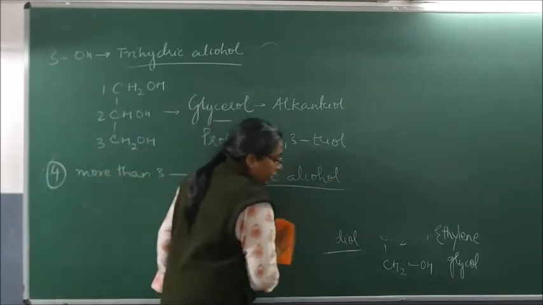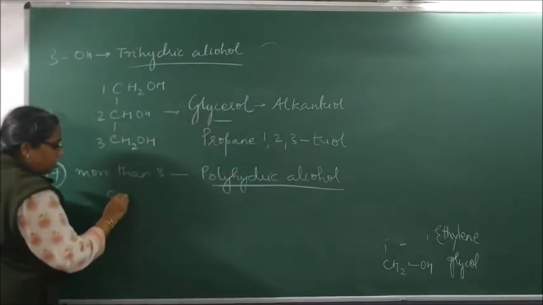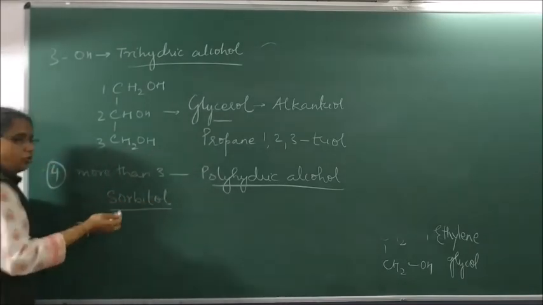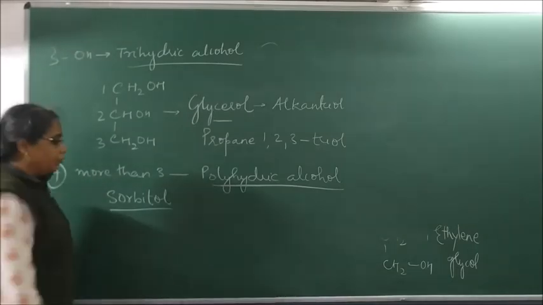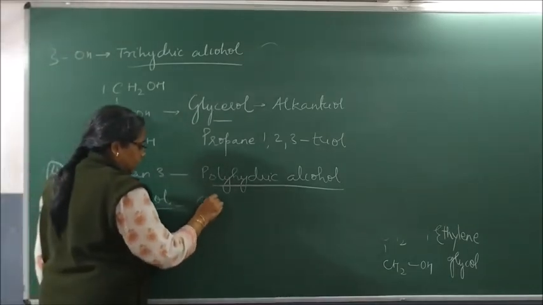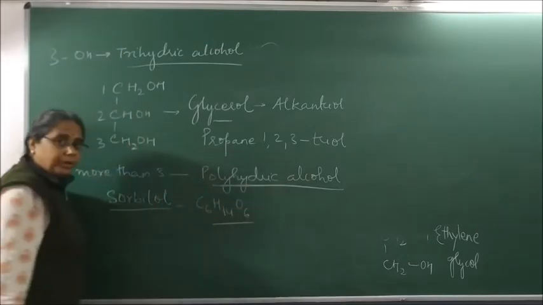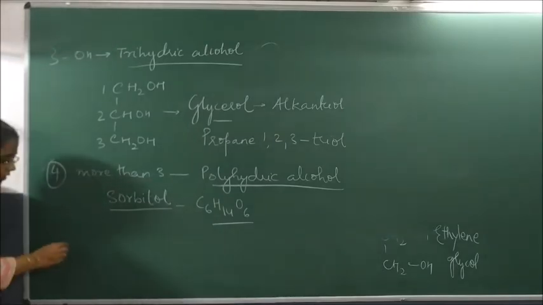The most common polyhydric alcohol which we use is commonly called sorbitol. Sorbitol is the most common example of a polyhydric alcohol. Its molecular formula is C6H14O6.